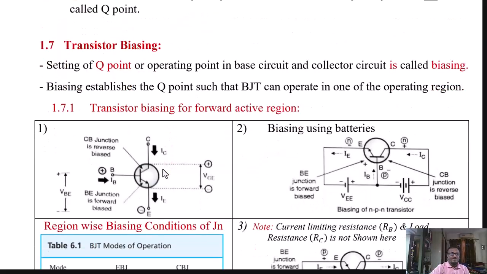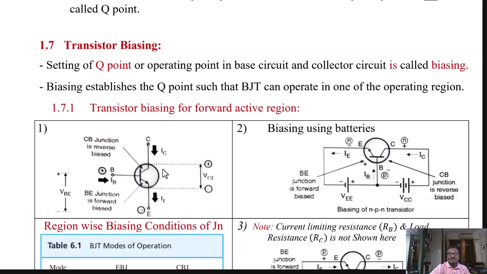The transistor biasing. Transistor biasing is nothing but a method of setting the Q point in the base circuit and the Q point in the collector circuit. Biasing basically establishes the Q point in the input section of BJT circuit, that is most of the time the base to emitter junction circuit.